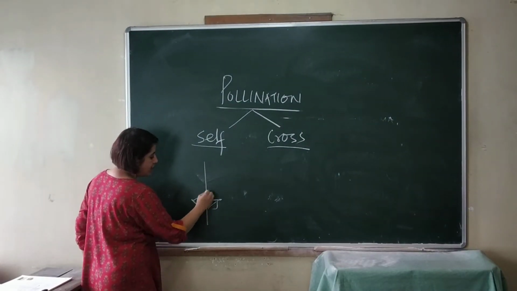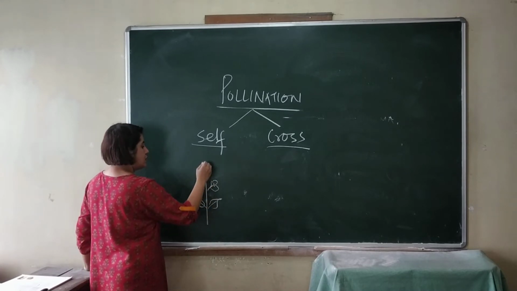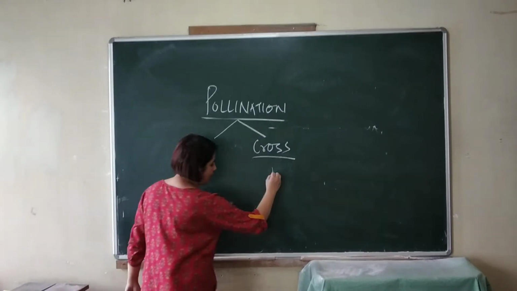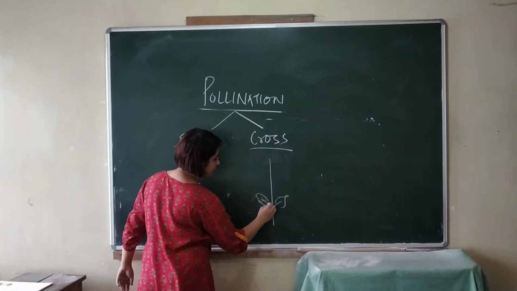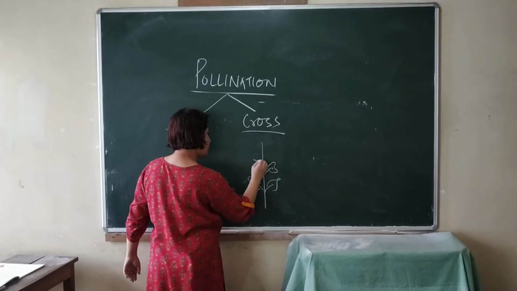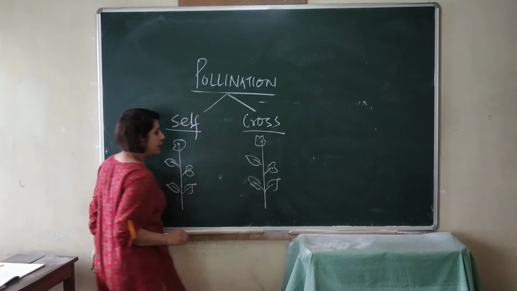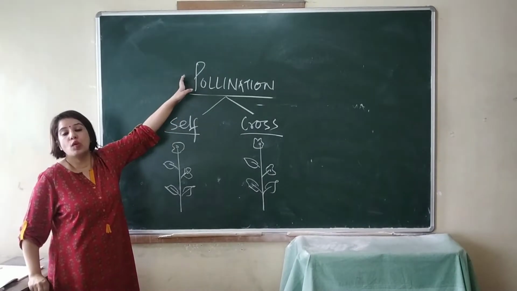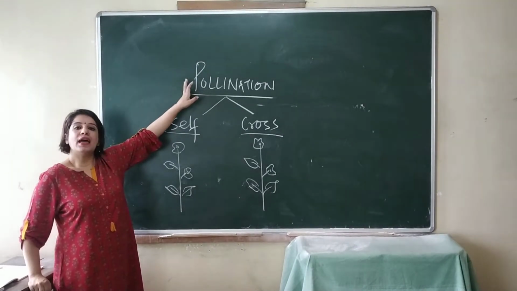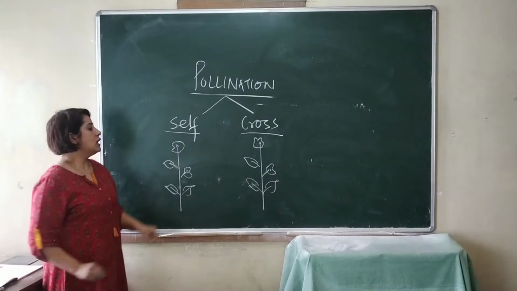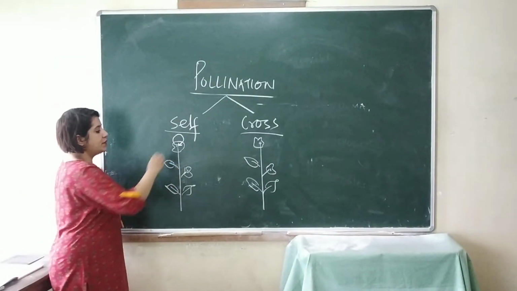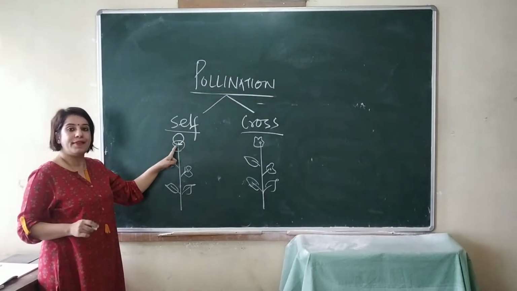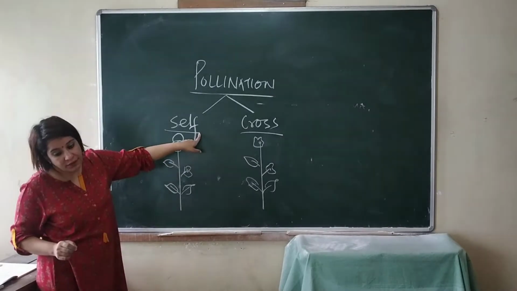So suppose this is a plant, this is one flower here, and this is one flower here. Another plant. Now, if pollination, that means transfer of pollen grains from the anther to the stigma, takes place in the same flower, we call it self-pollination.